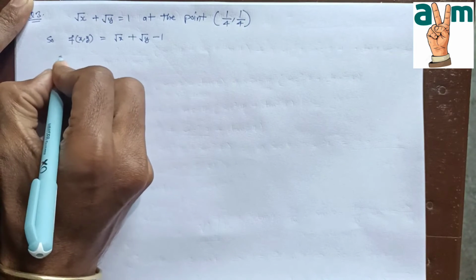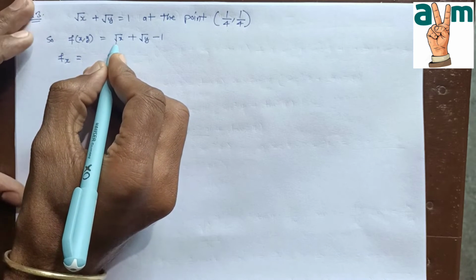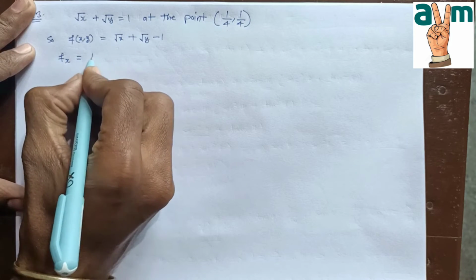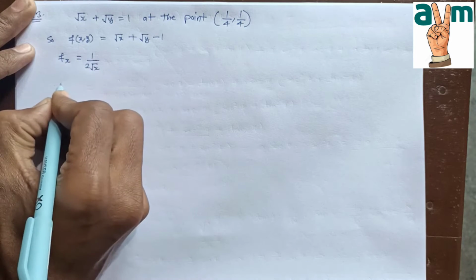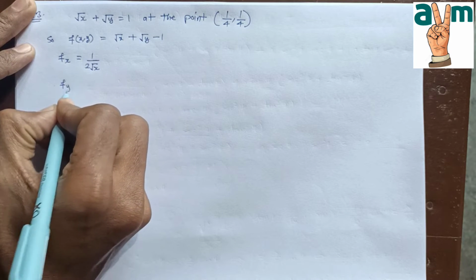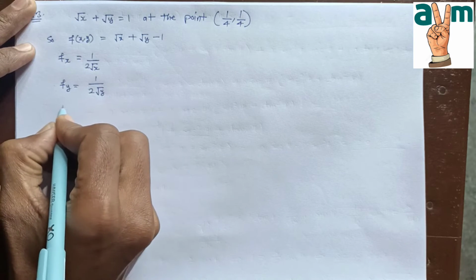So first we find fx, the derivative with respect to x. The derivative with respect to x is 1 upon 2 root x. The derivative with respect to y, fy, is 1 upon 2 root y.